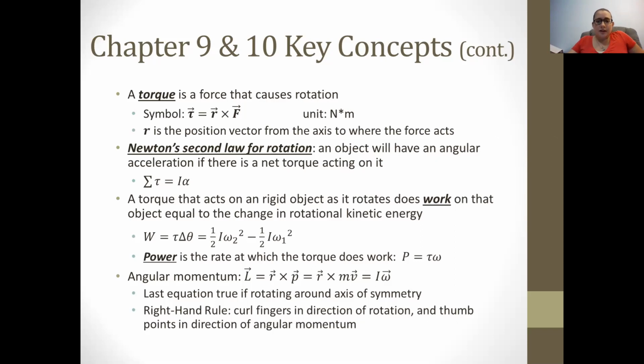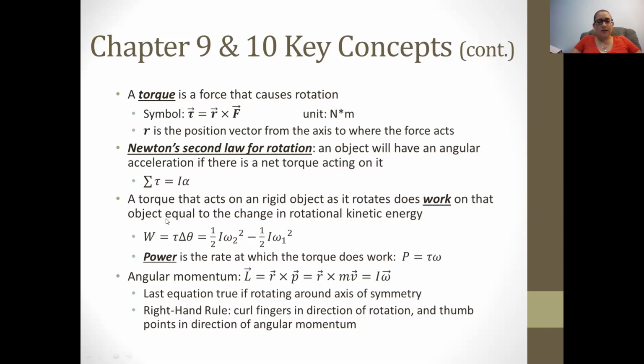A torque does work on an object the same way that a force does work on an object. And that work done is equal to the change in rotational kinetic energy, just like before we saw work is the change in kinetic energy. So now we have revisited that work energy theorem, but in our rotational mindset.